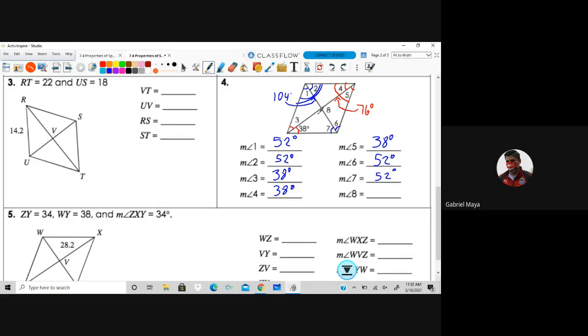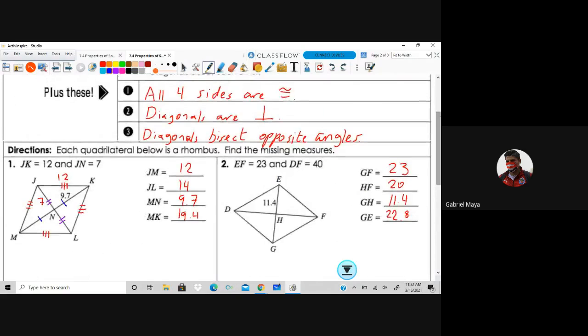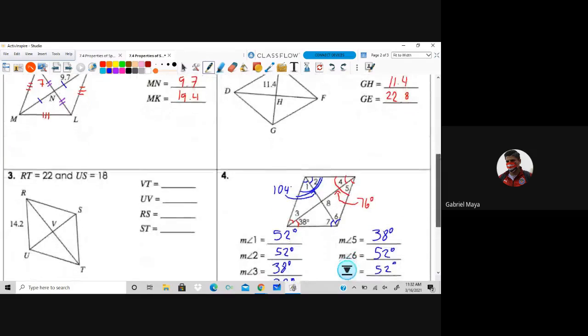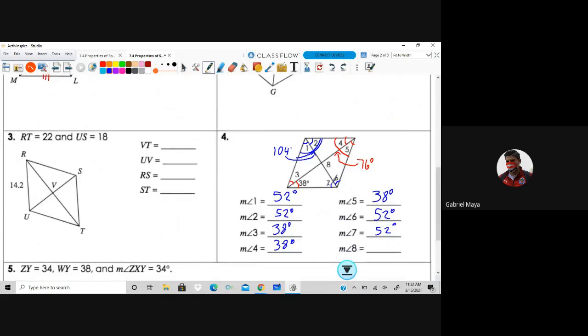Or you could just remember that the diagonals are perpendicular. So if they're perpendicular, that means that those angles are each 90 degrees. Now I want you guys to try number 5 on your own.